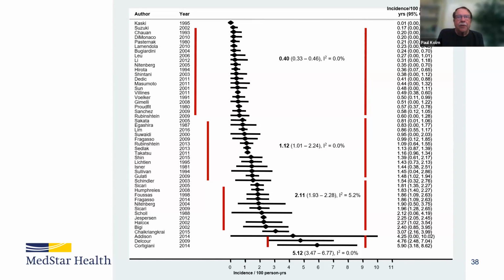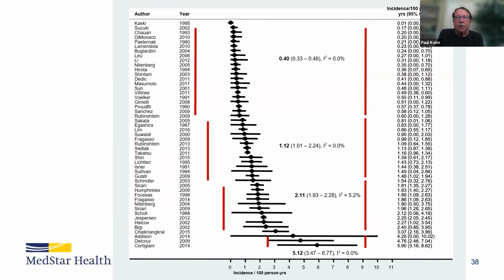And then a third group where the ratio or the incidence is greater than 2. However, if you look at the confidence intervals between the 1.1 and the 2.1, you can see that there's quite a bit of overlap. So maybe we could consider those as one group.